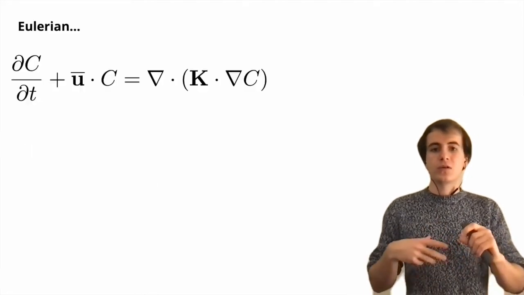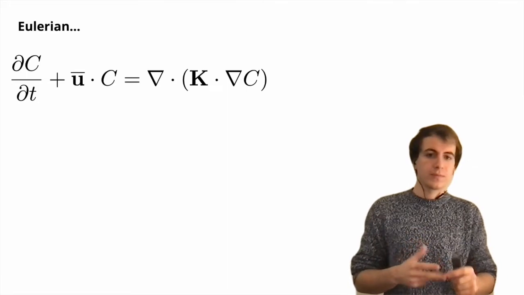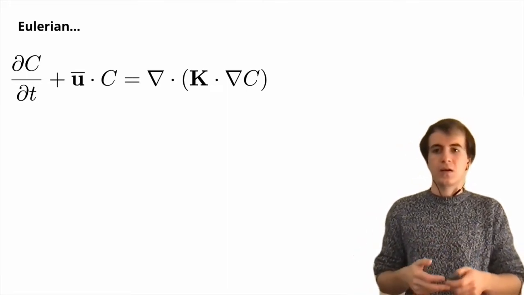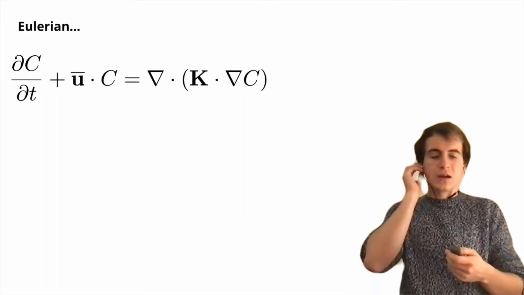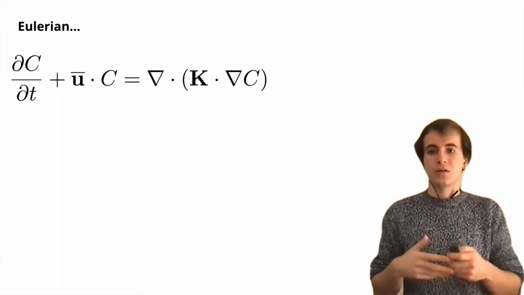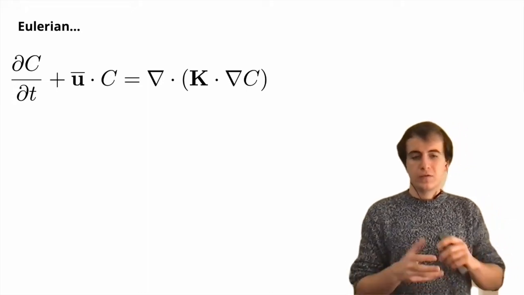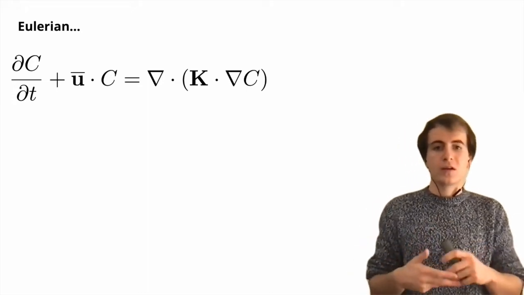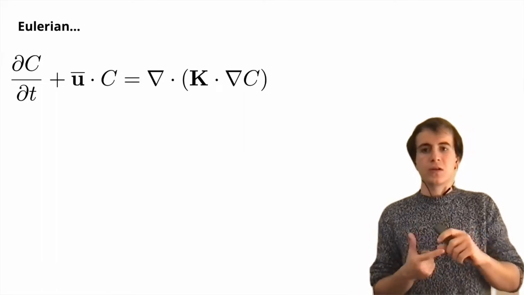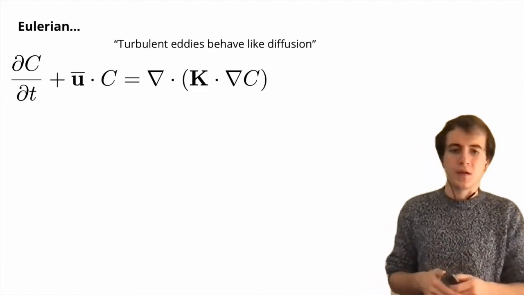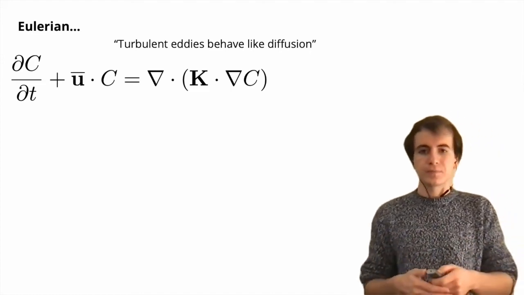First, we need to look at the Eulerian case. Here I show the advection diffusion equation that governs the evolution of a Eulerian tracer. Usually we say that after some Reynolds averaging, the turbulent eddies that are filtered out behave like diffusion, or at least some flavor thereof.